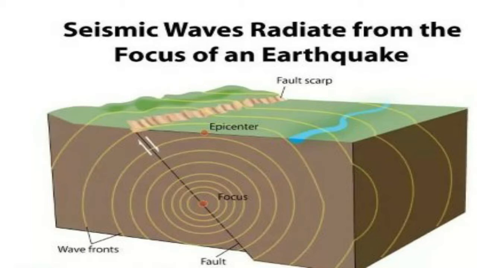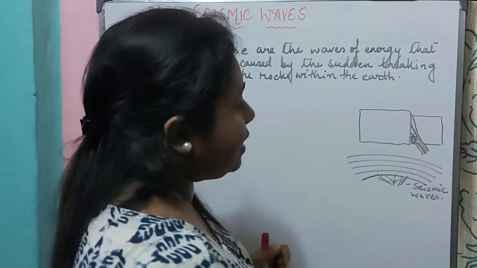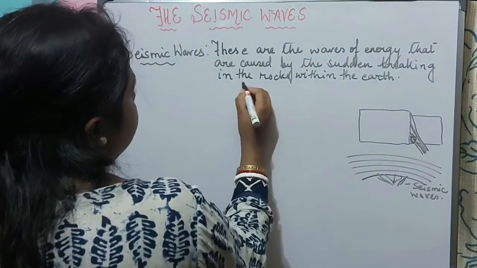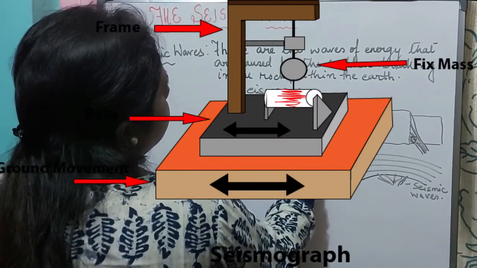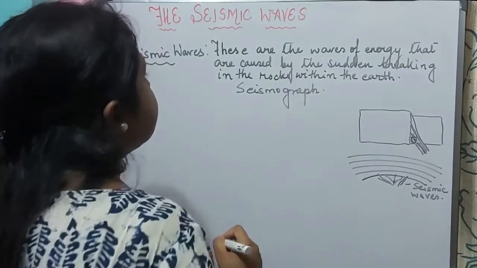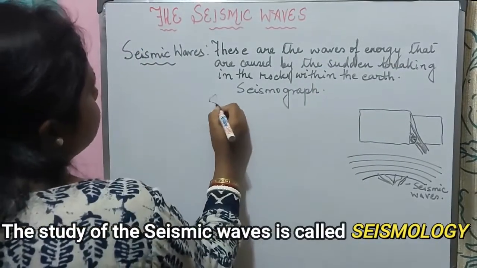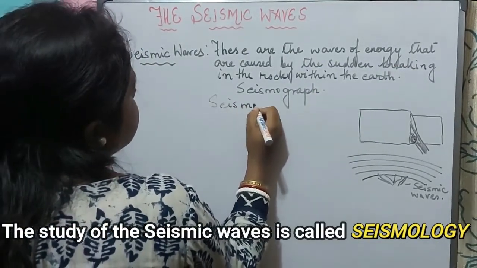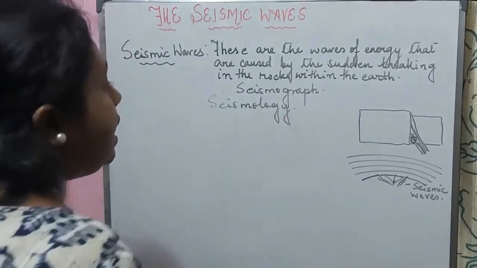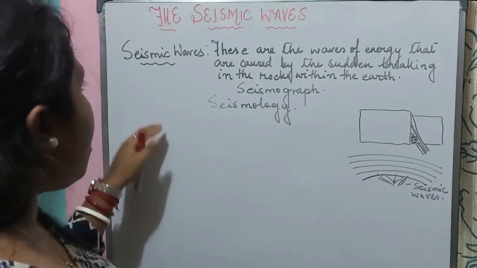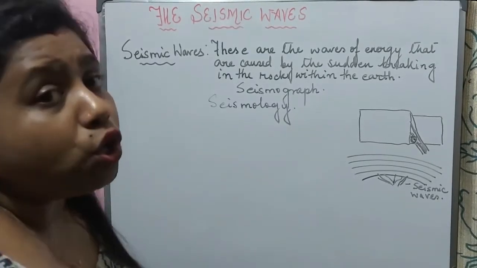Now they travel in all directions in the earth and they are recorded in the seismograph. The study of the seismic waves is known as seismology. Now the seismic waves are divided into two types.